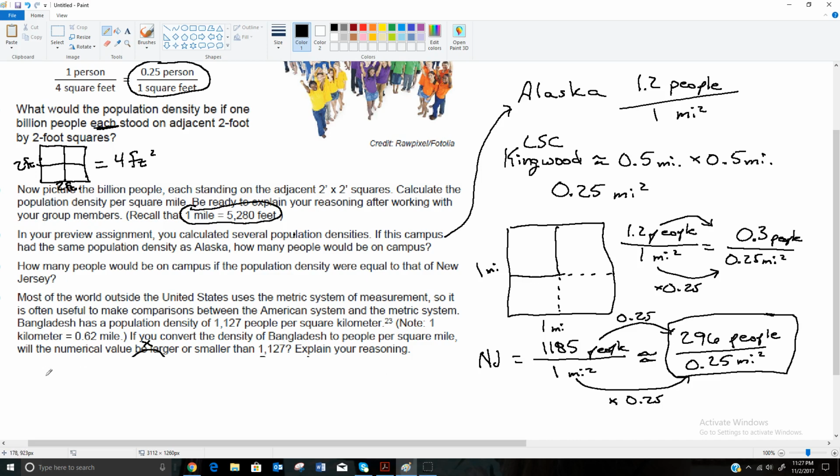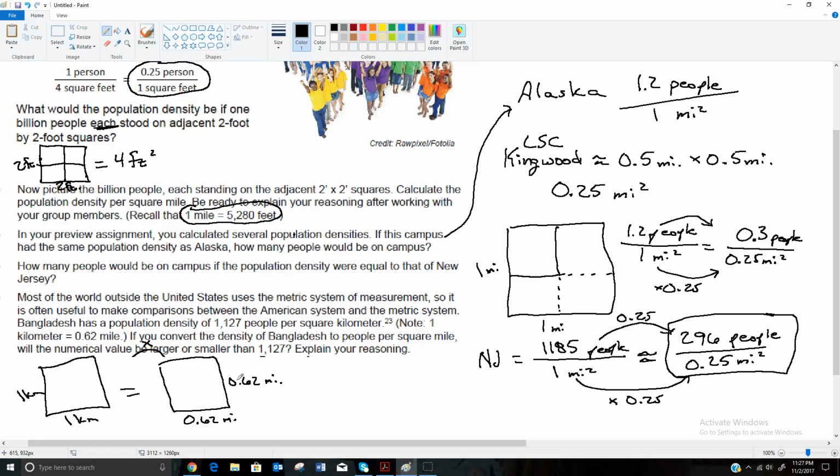So 1 square kilometer, again, would be 1 kilometer by 1 kilometer. I'm going to rewrite this. So over here, I don't know why my squares are so crooked. That would be 0.62 miles by 0.62 miles, because they said 1 kilometer is 0.62 miles.